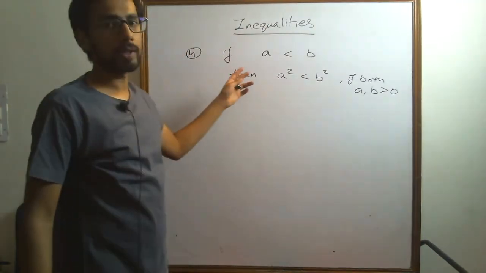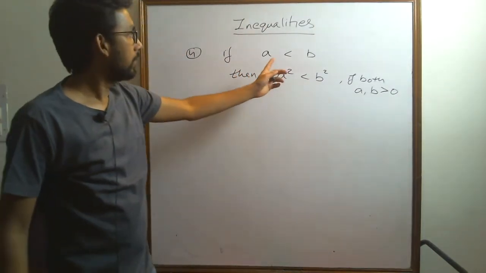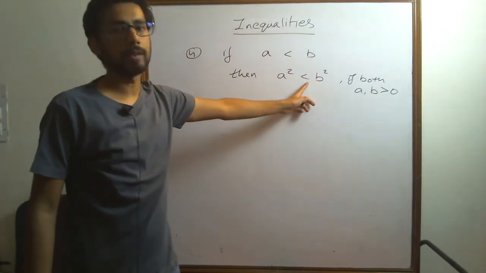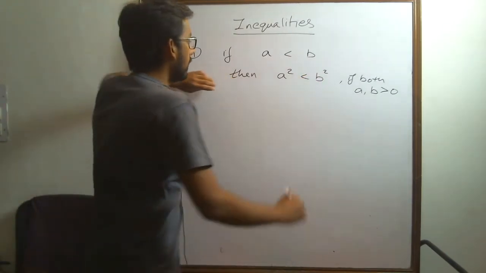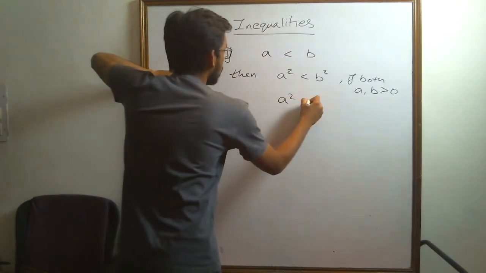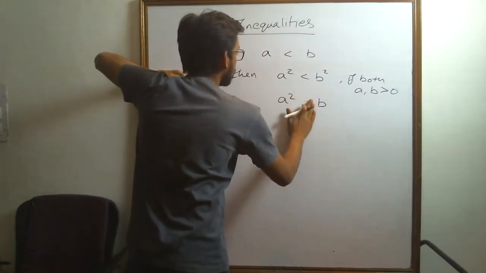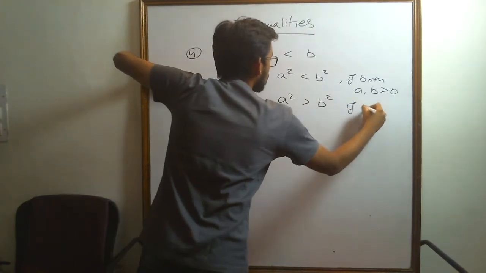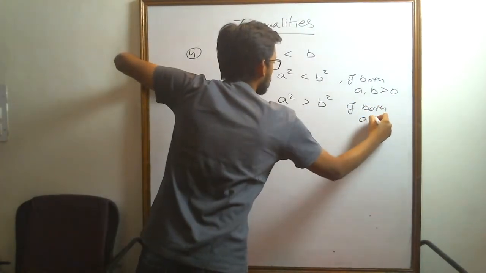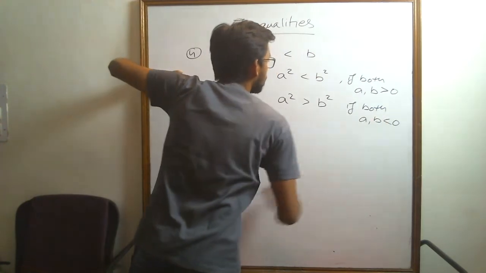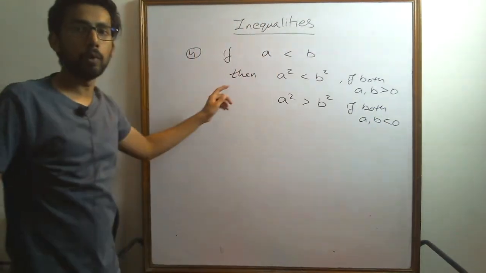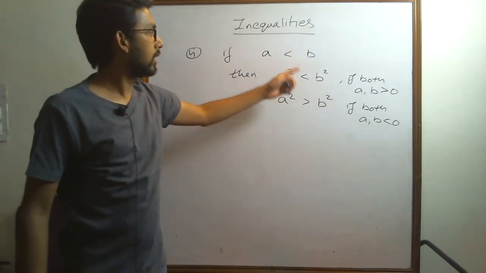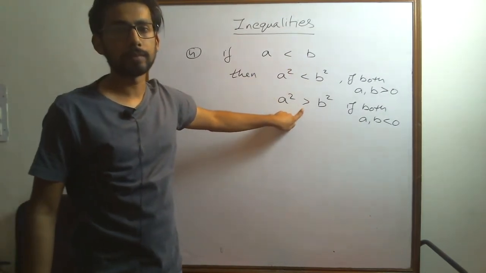So if both a and b are positive and I take the square of both the numbers, then the inequality will remain the same, whereas the inequality will be reversed if both a and b are negative.